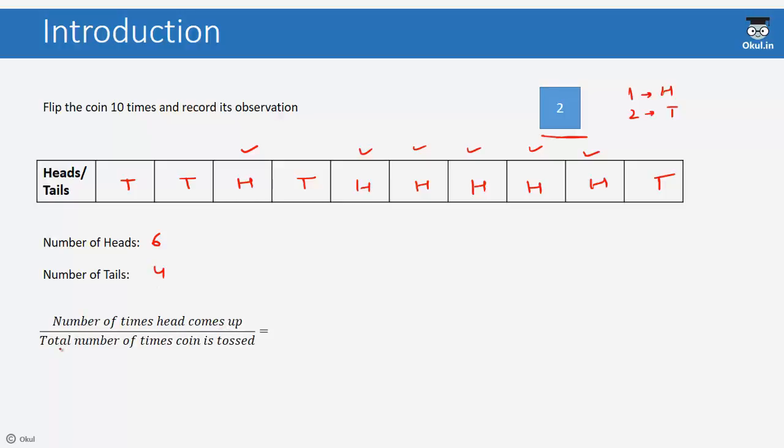Now we'll find number of times heads comes up and the total number of times coin is tossed. So the number of times head came up is 6 and the total number of times that the coin is tossed is 10. Now number of times tails comes up upon total number of times the coin is tossed. That is just 4 upon total number of times, that is 10.